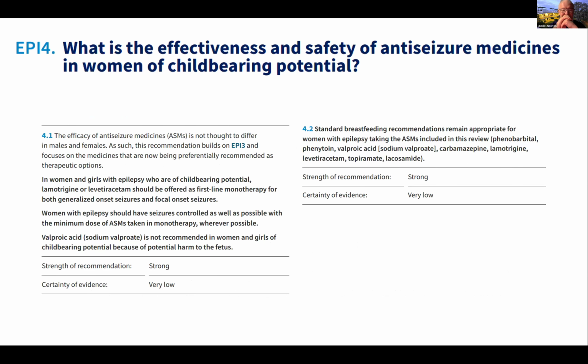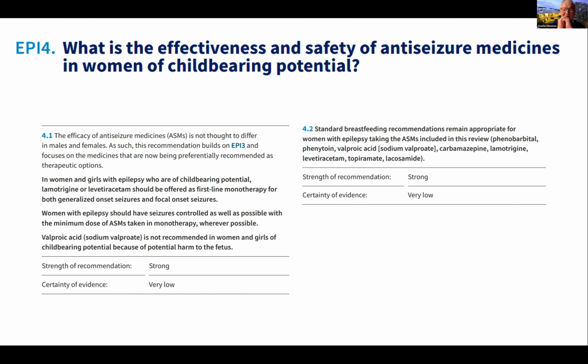So the next update was really this very important and very strong recommendation, although the evidence was very low, and that is that sodium valproate should not be used in women and children of childbearing potential, and the drugs of choice are lamotrigine and levetiracetam. And this is really a shift in the way that much of epilepsy is managed in lower middle income countries.